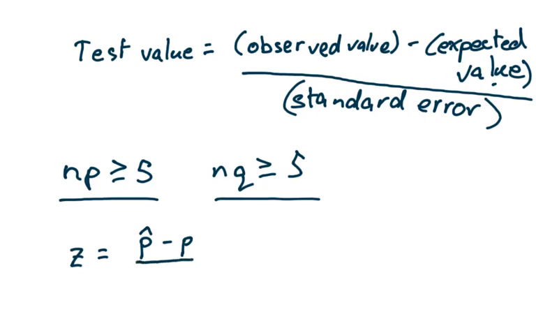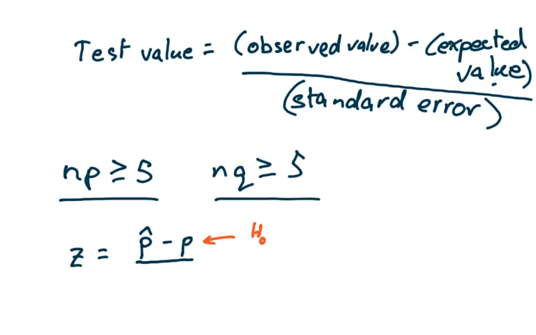Minus P. Let's just put a little note here. P, remember, is the population proportion, and it is the hypothesized population proportion. So that value is going to be the one that we keep referencing over and over for H subscript 0.